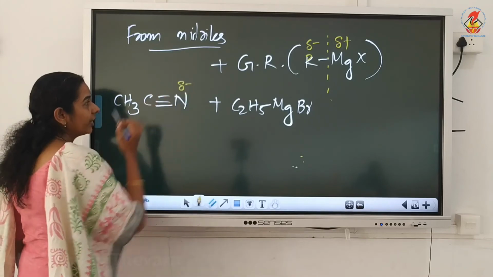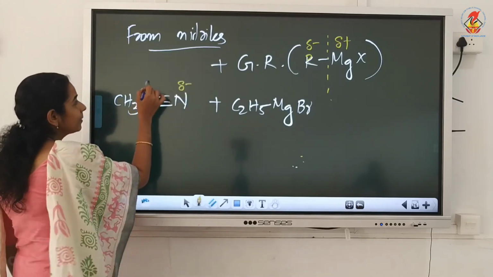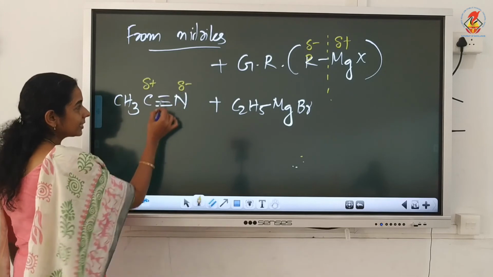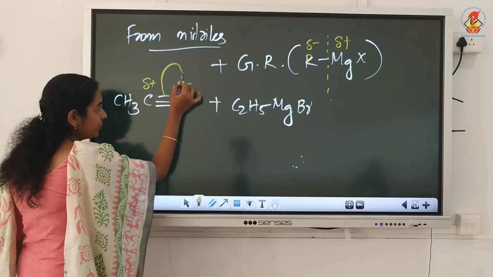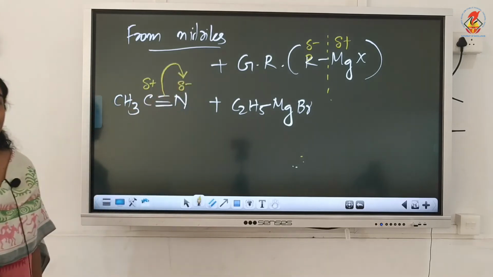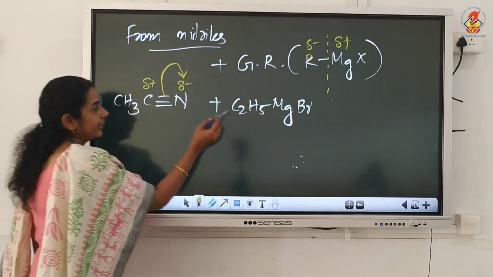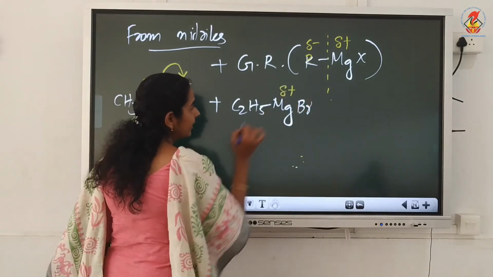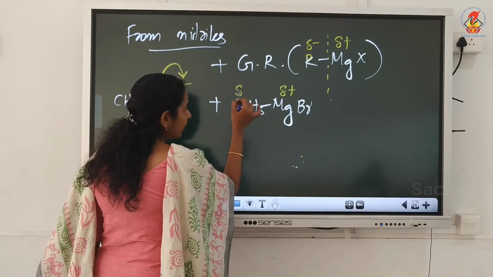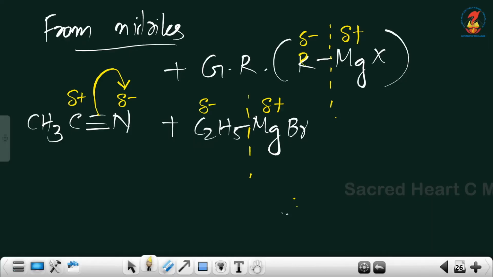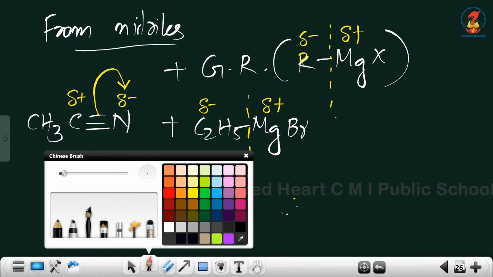Nitrogen is more electronegative, so nitrogen is delta minus. So carbon will be delta plus, and this bond will shift towards nitrogen. Then here magnesium is delta plus and the C2H5 carbon is delta minus, and there will be splitting of the carbon magnesium bond.